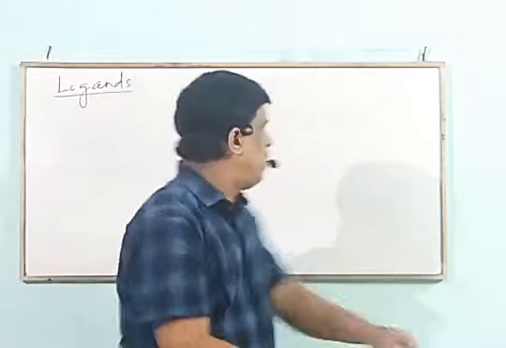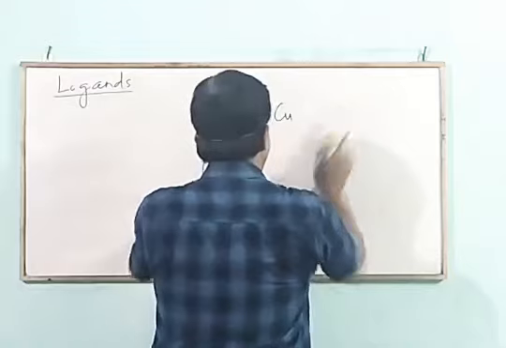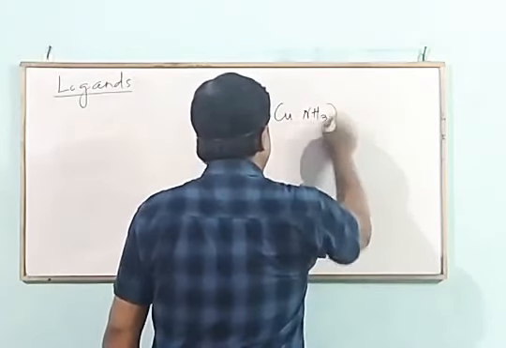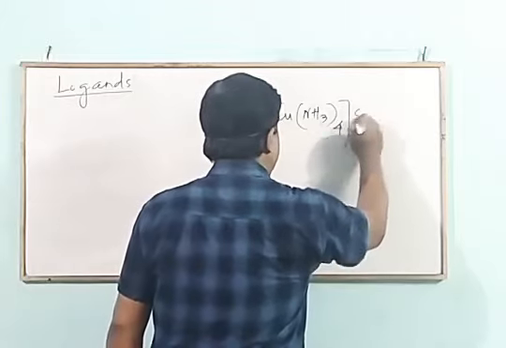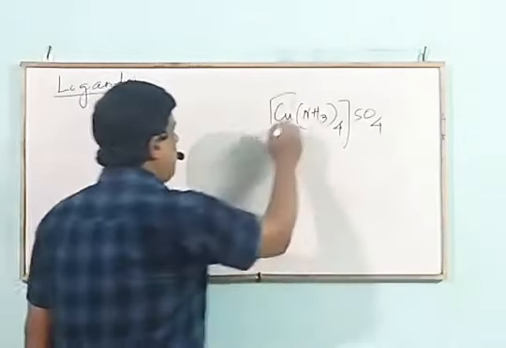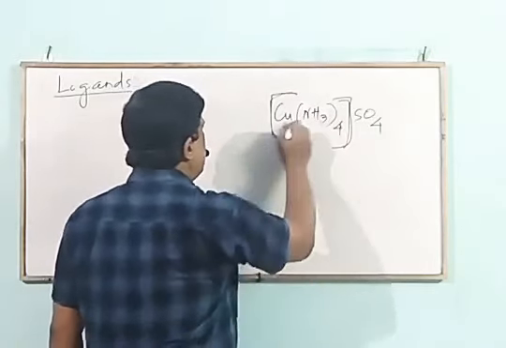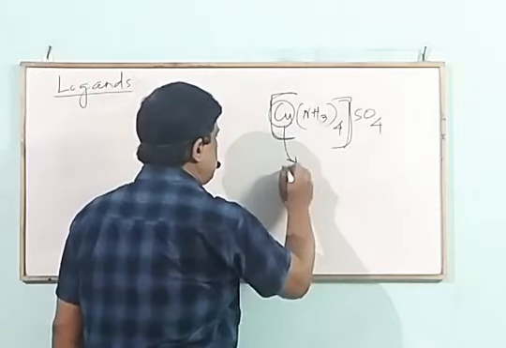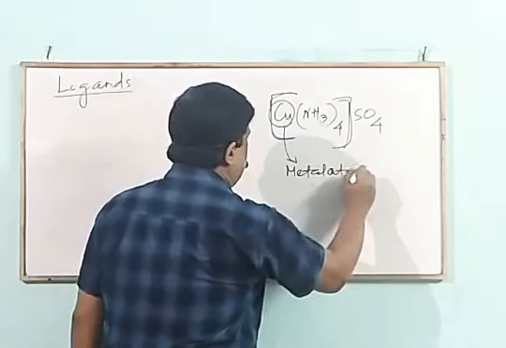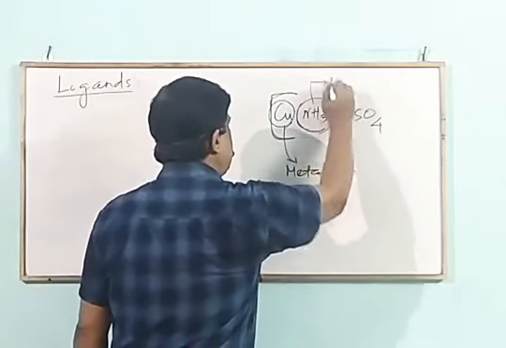For example, mark that, one example is tetraamminecopper(II) sulfate. It is one complex part. Inside the coordination sphere, this one is known as the central metal atom. Next, after the central metal atom, what is present? This is known as the ligand.